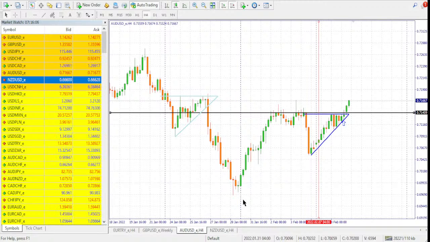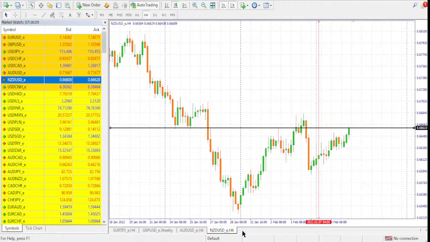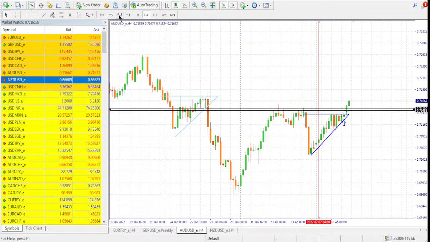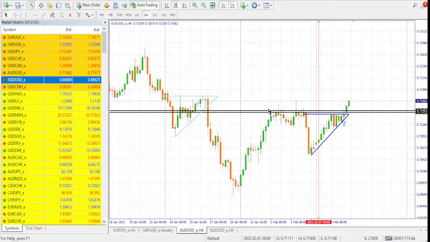Like I mentioned here, it's a pin bar. And there is one thing which you can see here. For example, we had a very good resistance level here. You can see that the price used it as a resistance.